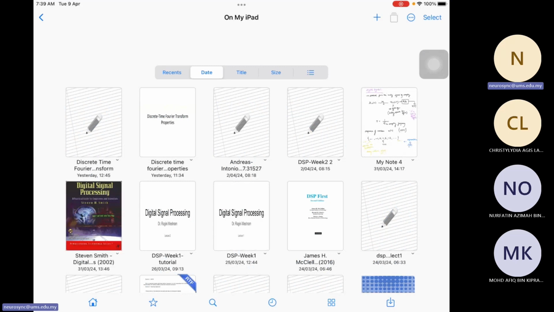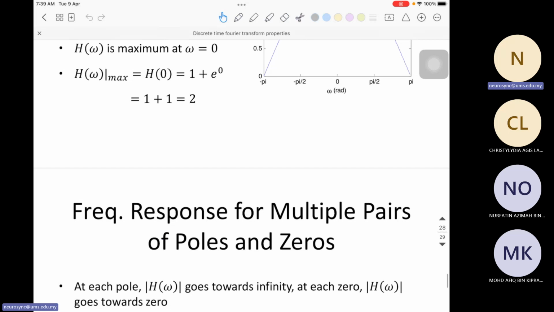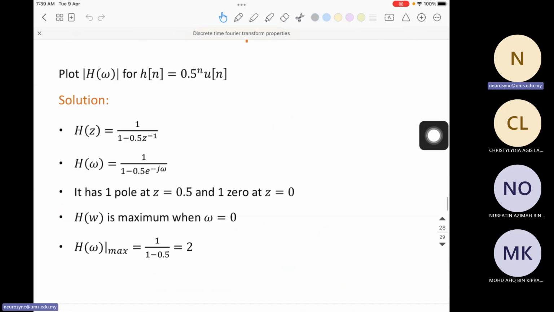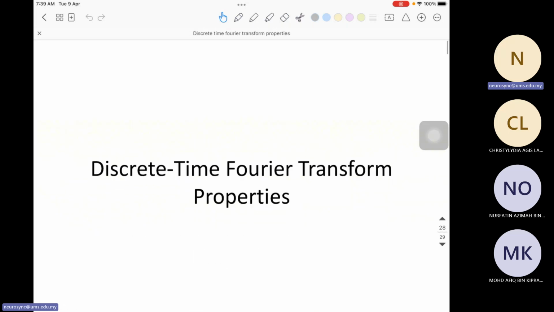Okay. So we will start this tutorial session. Yesterday we started with the discrete time Fourier transform, that is DTFT. We said that if I want to convert values in the natural domain into the frequency domain, then I will apply the DTFT.